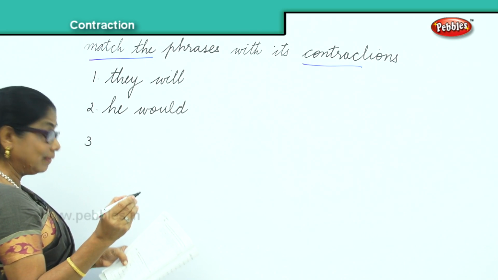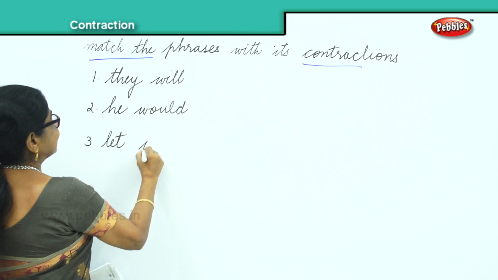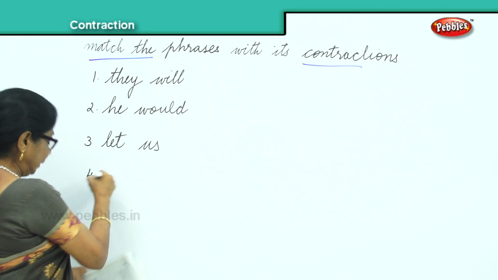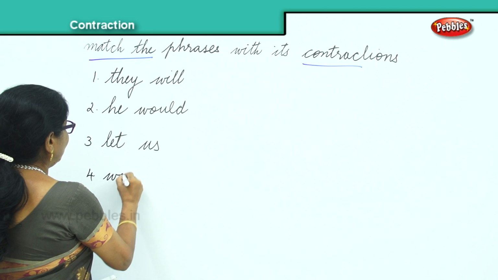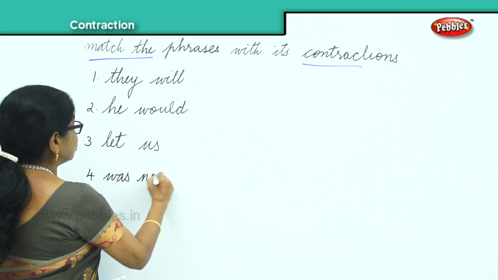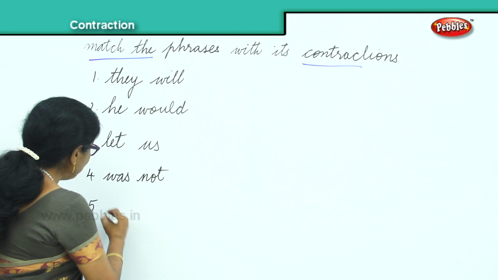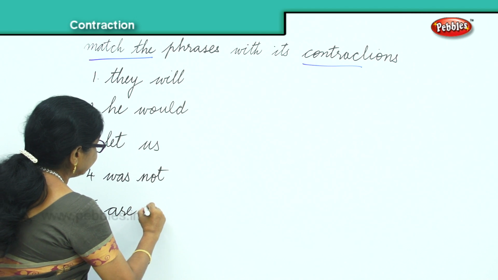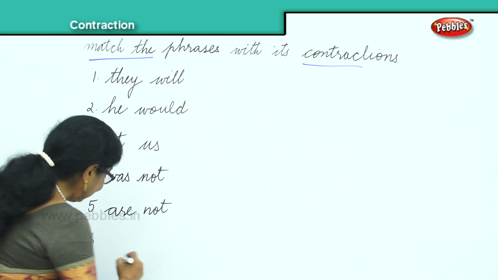And next you have let us. Then was not. Then we have are not. And then we have it has.